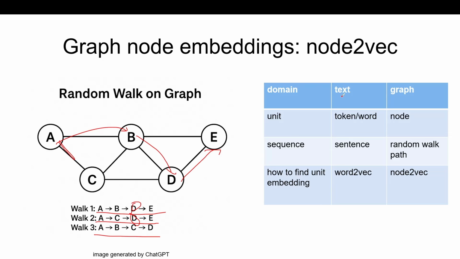In text, the unit is a token or word, and for a graph, the unit is a node. The sequence in text is a sentence, and the sequence in a graph is just a random walk path. By taking this analogy, we can apply the idea of word2vec to graph nodes to get node2vec.